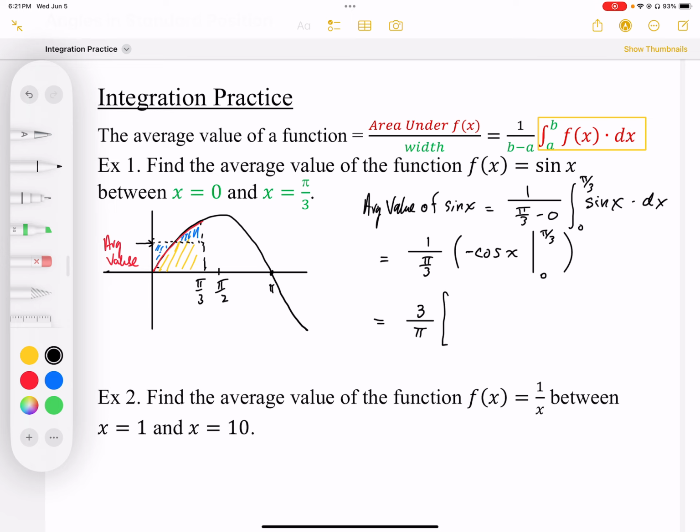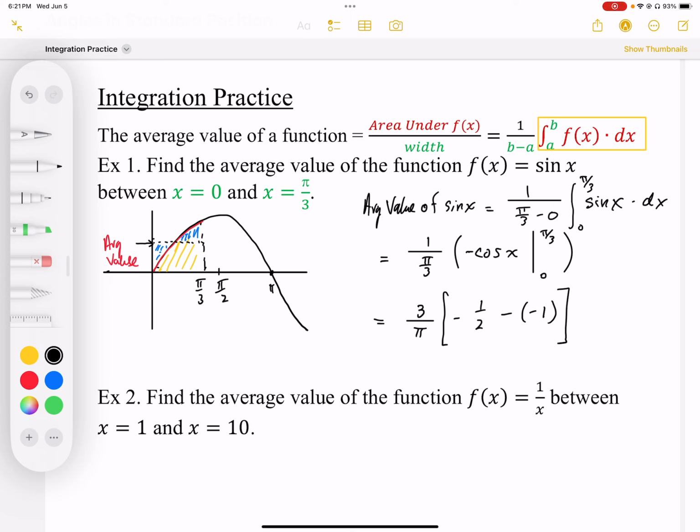The cosine value of pi over 3, or at 60 degrees, is going to be 1/2. So I get negative 1/2 minus negative, the cosine of 0 is going to be 1. So I'm going to end up with minus negative 1.